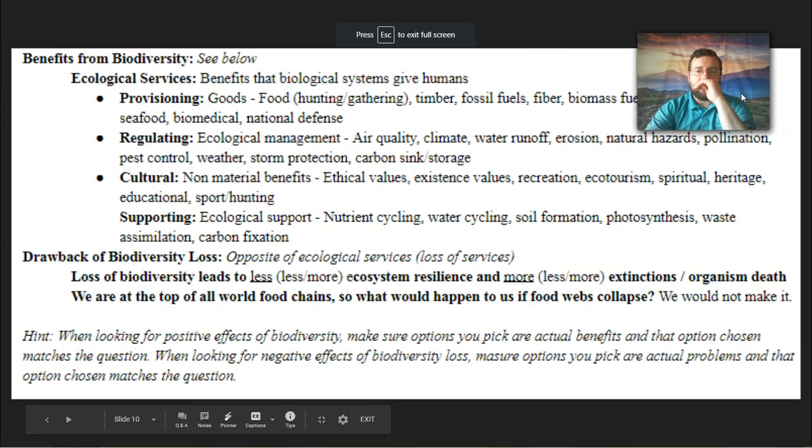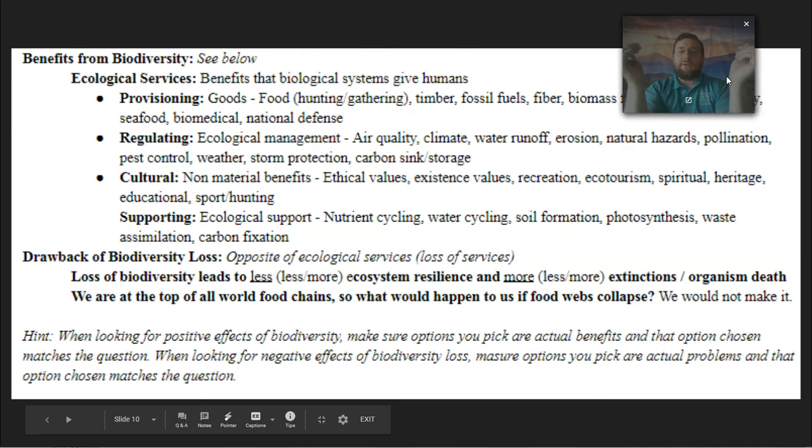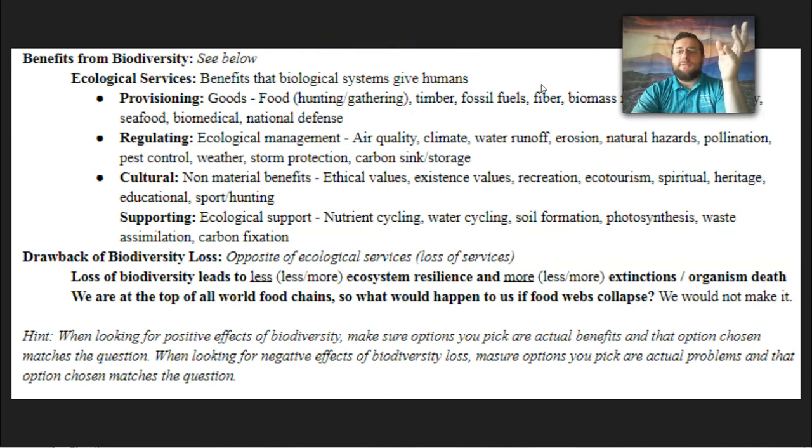I didn't show you a question that had a mismatch in tone, but let's say they were asking for positive effects of pollinators, and an option said something like, the action of pollinators reduces decomposition, which makes nutrient cycling go slower. That would be nonsensical because I'm looking for a positive effect and the option is giving me a negative. So I'm obviously not going to pick that. That's what I meant by matching the tone.